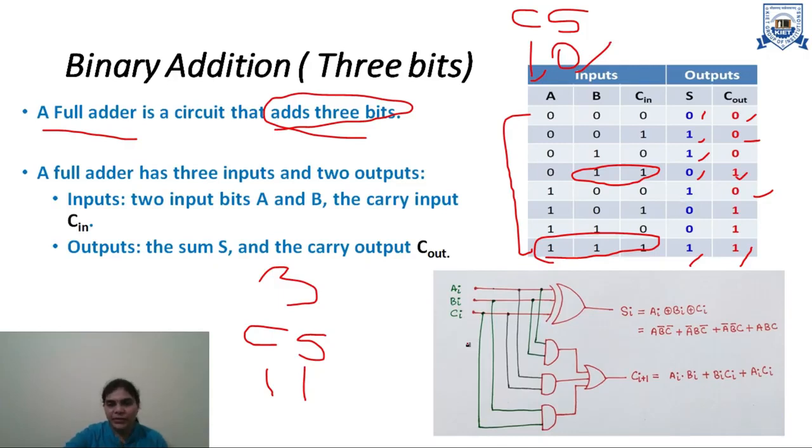And you can recall the circuit diagram of the full adder here. It takes 3 inputs and produces sum and carry as outputs. So you must learn the expressions for sum and carry out.